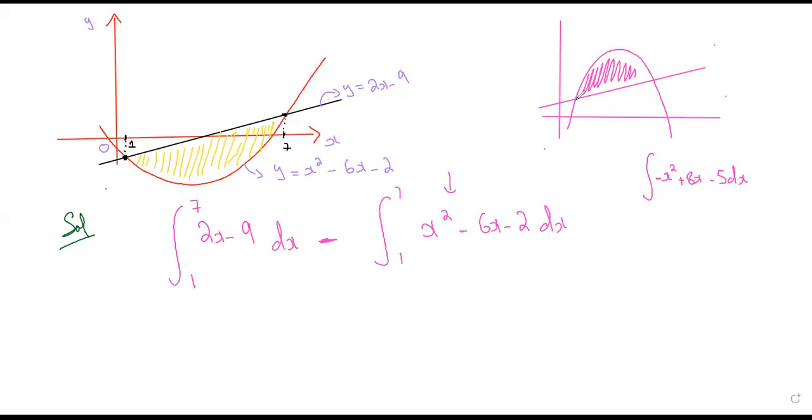Whatever the limits were, we will just use them. So this was 1 and 6, and then subtract it from the equation of the line. Now, what is the difference? In the previous example, the parabola was above and the line was below, so we integrated the parabola first and then subtracted the integration of the line. In this case, the line is above and the parabola is below. So that is why this has changed. This is the best possible way.